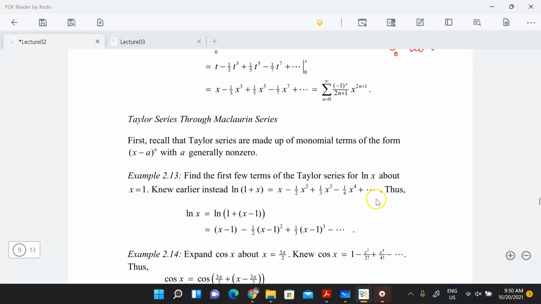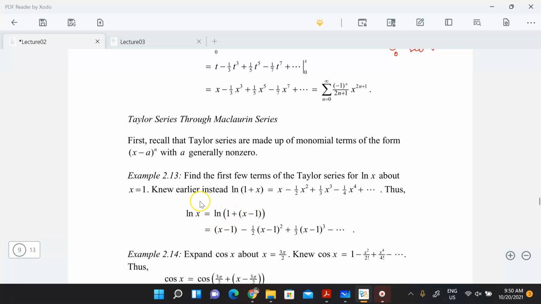Suppose I'm given the question here that I want to expand log of x, and the expansion is supposed to be about x equals 1. So what do I do? This is already a prepared question in some sense. Log x, I can rewrite as log 1 plus something.